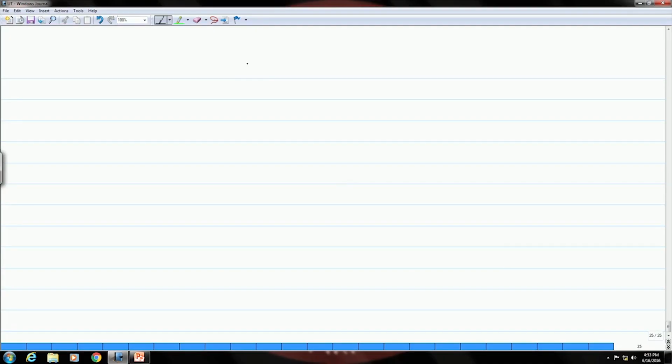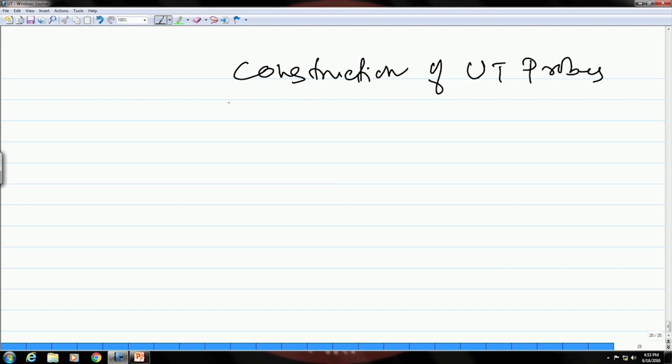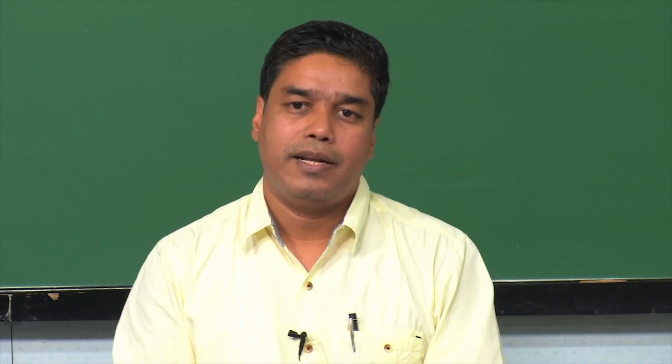So, let us talk about the construction of the probes and then see what are the different elements and components of the UT probes. So, this comes in different shapes, but mainly they are either cylindrical or some kind of rectangular shape.